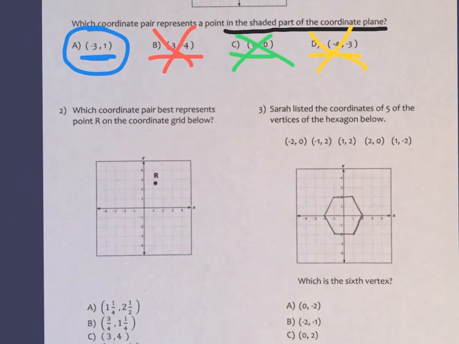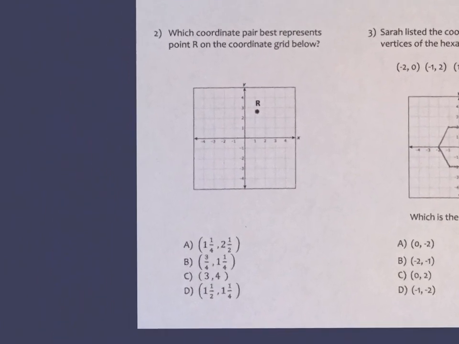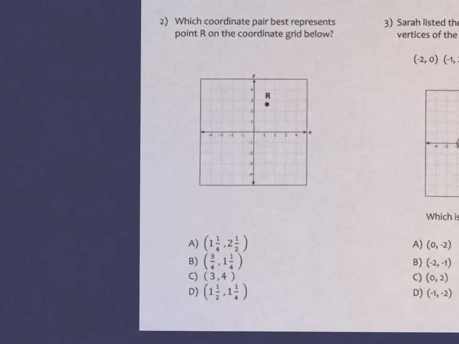In problem number 2, we're asked which coordinate pair best represents point R on the coordinate grid below. So if we take a look at point R, we're going to notice a couple of things about it. First, it's in quadrant 1, right?